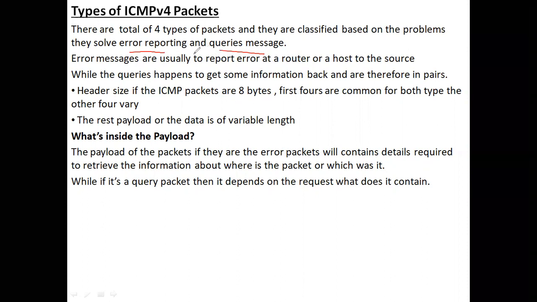The error messages are usually reported at the router or the final host, the destination, where something has been corrupted, or problems like we discussed in the previous video: that no more fragmentation can be done so I cannot handle this packet, or the checksum doesn't match, or the TTL is going to be over, some sort of data error. Those error reporting messages are for type 1.